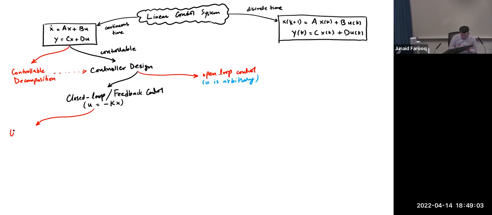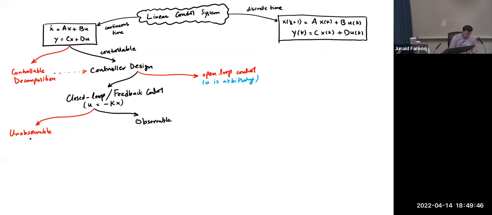But then there were systems which were observable. And we then went on to design observers for them. So if the system is controllable and it is observable, then we can proceed. But if it is unobservable, then again, we could have done a decomposition, right?